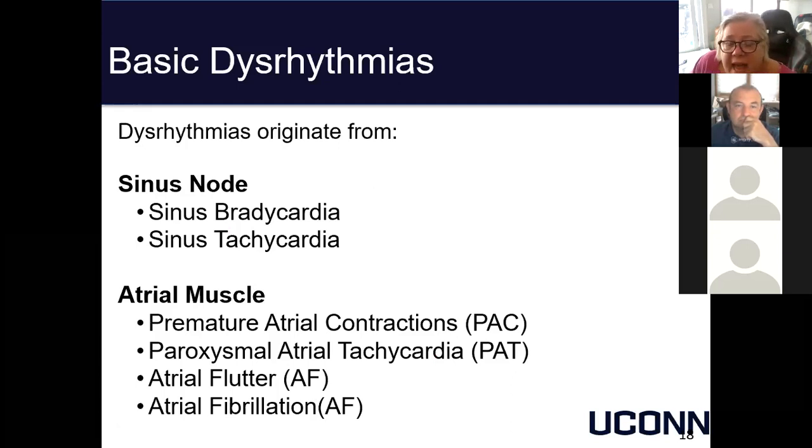Paroxysmal atrial tachycardia. So this means there are usually P waves, but they are really stimulating the ventricles, and you've got significant tachycardia. Atrial flutter, well, the SA node is losing control, but they're trying to keep it together, and you get a sawtooth pattern.